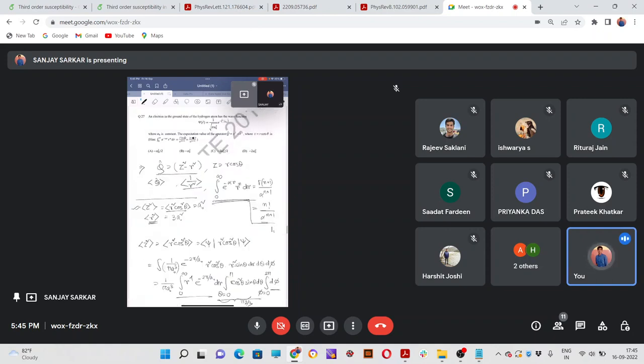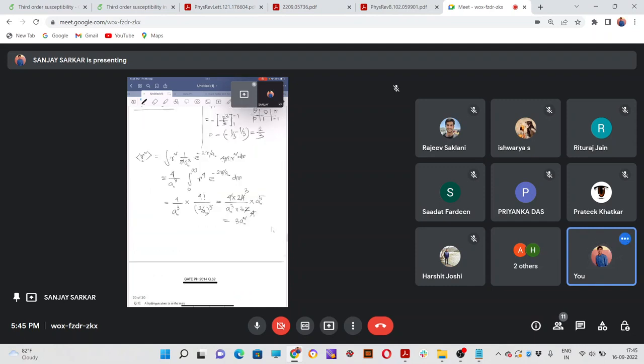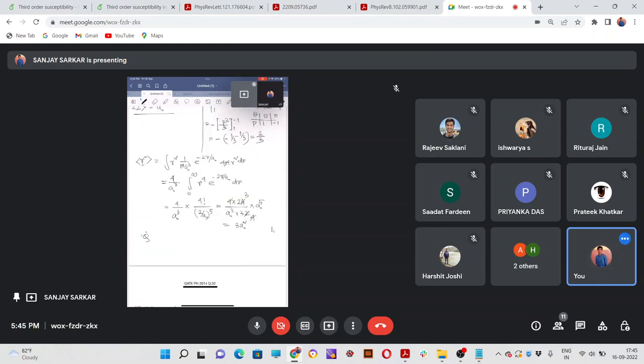So we are supposed to calculate the expectation value of Q, right? And Q is z square minus r square. So this is basically a naught square minus 3 a naught square, which is minus 2 a naught square.